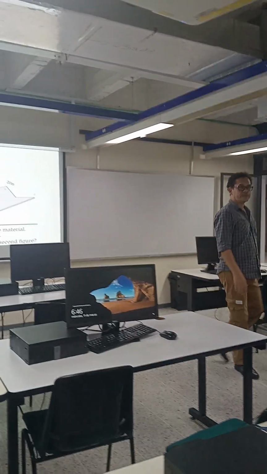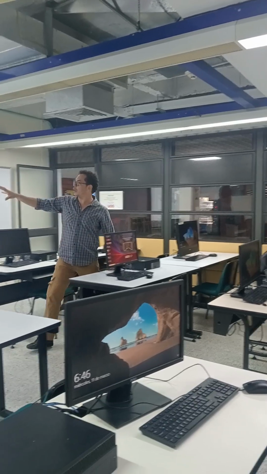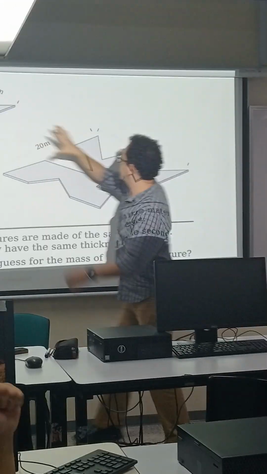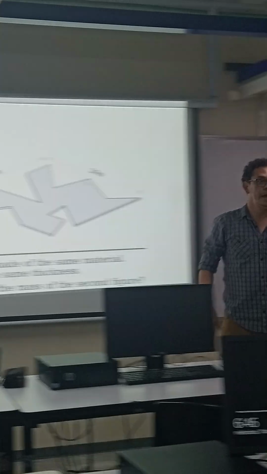Maybe duplicate the figure? Or can it be the same? Exactly. Because this one has 4 times this one. This one can fit here, here, here, and here. It is 240, then it is 4 times the other square.